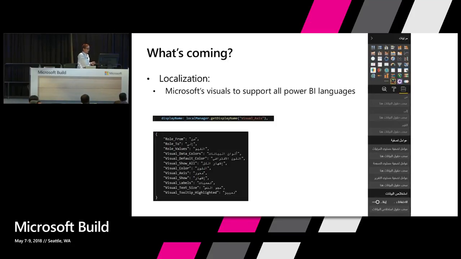And for example, this is the code snippet to make the Arabic. You can add this to your custom visual code, and then it will support localization. And I just want to mention, it's not only supporting localization in the format pane, but also in the visual in the canvas itself. So that's it.